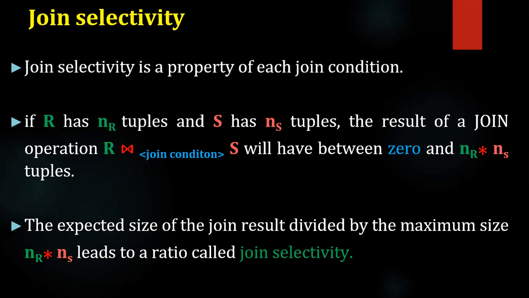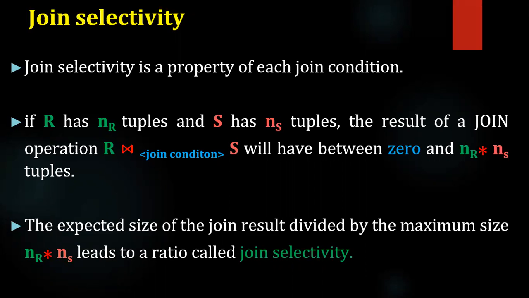For example, if relation R contains 5 tuples and relation S contains 10 tuples, and assume that the expected size of the result of the join operation is 6 tuples, then the join selectivity will be equal to the expected size, 6, divided by the cross product of the number of tuples in R, that is 5, into the number of tuples in S, that is 10.